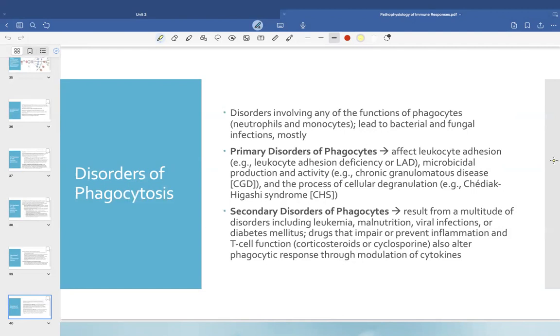For primary disorders, it's usually through either adhesion, cytokine production, or the process of degranulation of those toxic granules in the neutrophils. As far as secondary disorders, they're again acquired and a broad spectrum, so you can take a look at that.